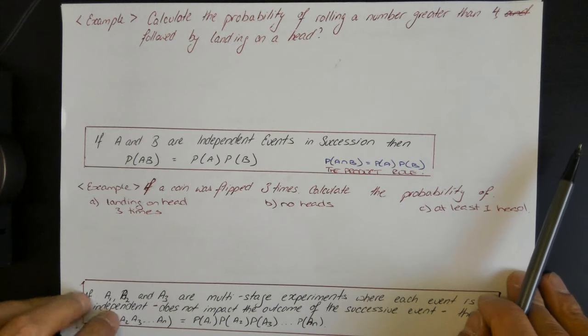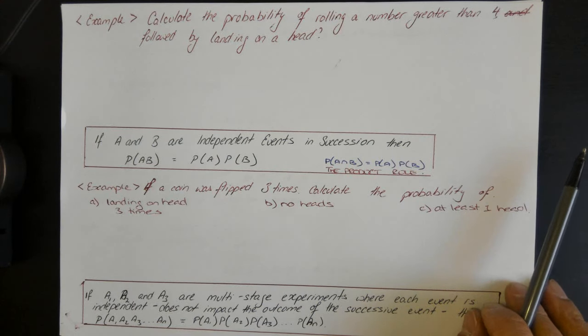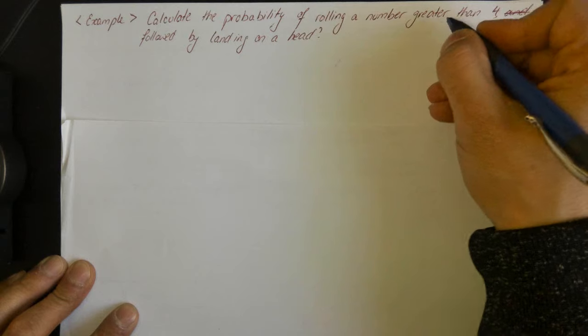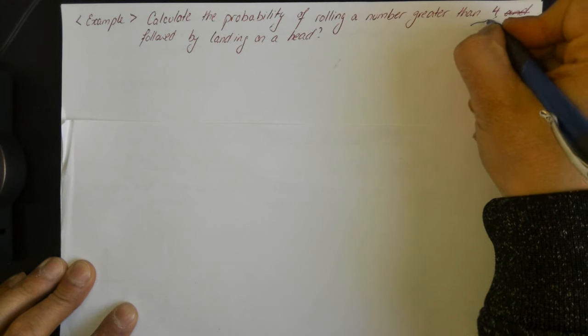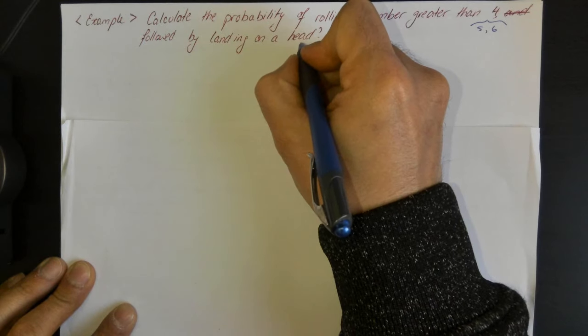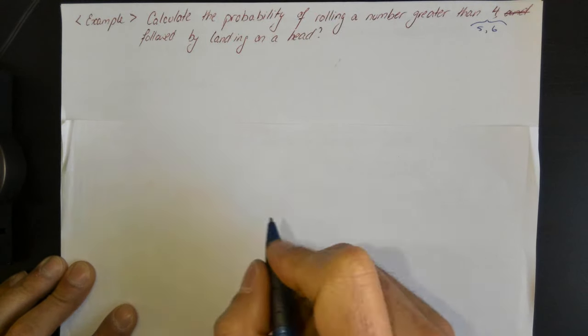We want to calculate the probability of rolling a number greater than 4 followed by landing on a head. Numbers greater than 4 include 5 and 6, and for landing on a head, the sample space would be heads and tails.